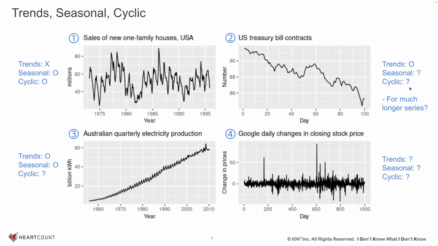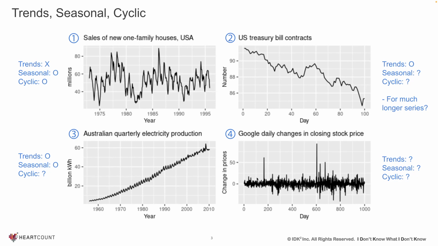Possibly, if we had a much longer series, we would see that this downward trend is actually part of a long cycle. But when viewed over only 100 days, it appears to be a trend. And the third chart, Australian quarterly electricity production, shows a strong increasing trend with strong seasonality. But there's no evidence of any cyclic behavior here.